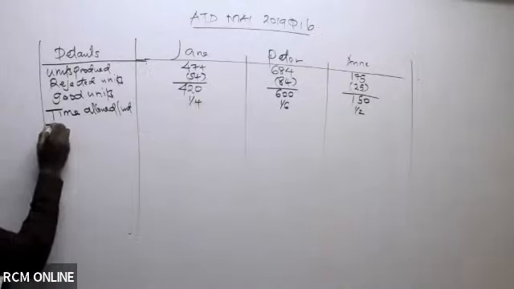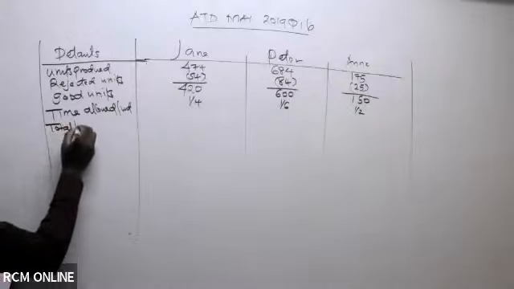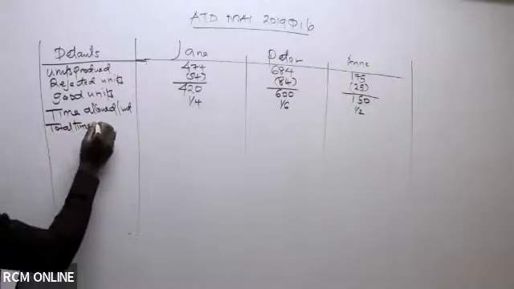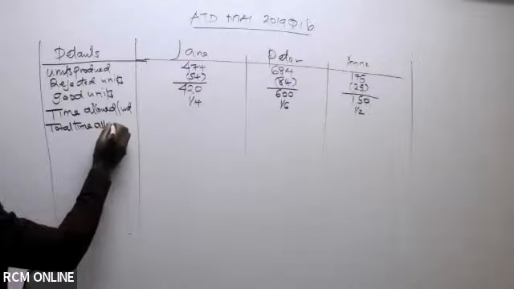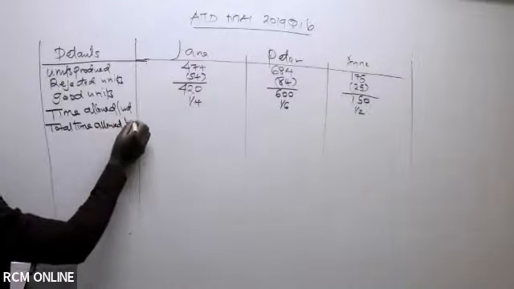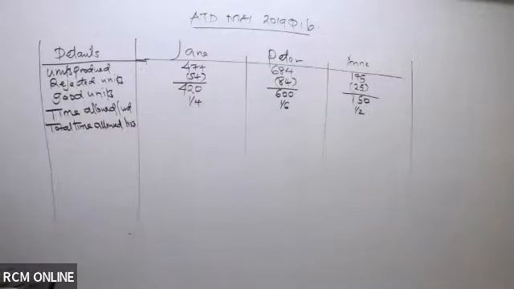So we talk about total time allowed in hours. So what do we have for Jen? A quarter of 420. Itakuwa ngapi? 105.